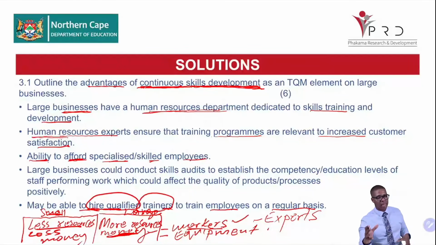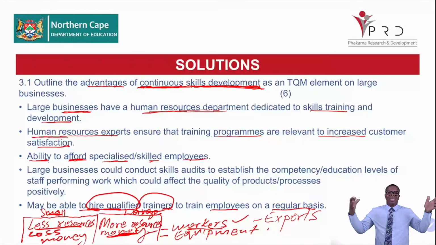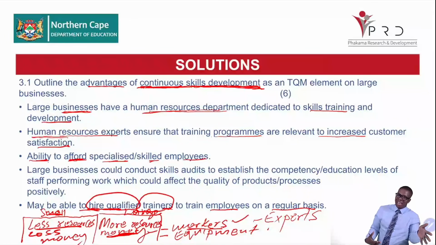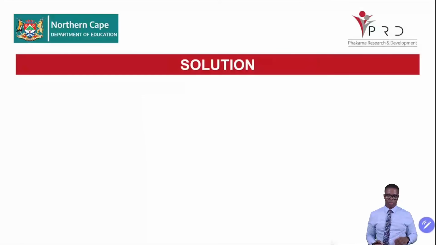It is easier to do continuous skills development for a large business. They have more money, they afford specialized skills, they have a dedicated department. A tech shop only has the owner running it. It doesn't have departments, so it is difficult for it to do continuous skills development because of that reason.